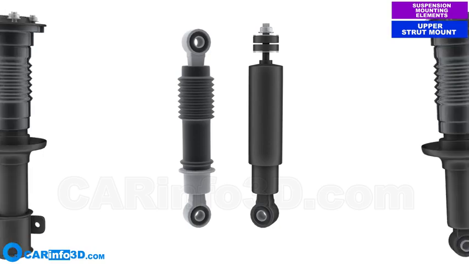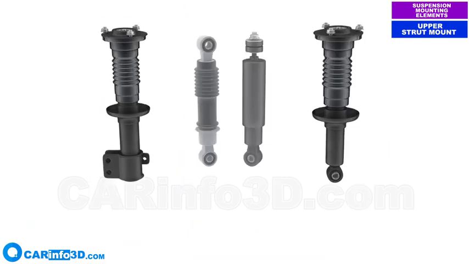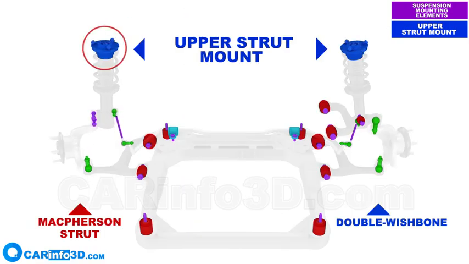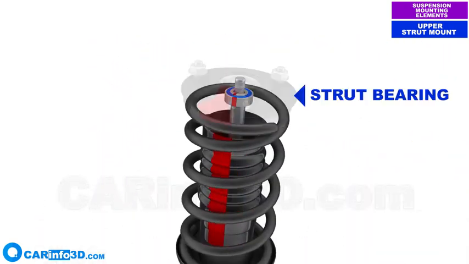The strut mount. Shock absorbers are attached via rubber bushings. The upper strut mounts in the front shock absorbers, however, feature a different kind of fixture. In case of the McPherson strut, the upper strut mount must allow the strut to rotate, as its bottom is rigidly attached to the steering knuckle. The rotation is made possible thanks to the bearing, known as the strut bearing.